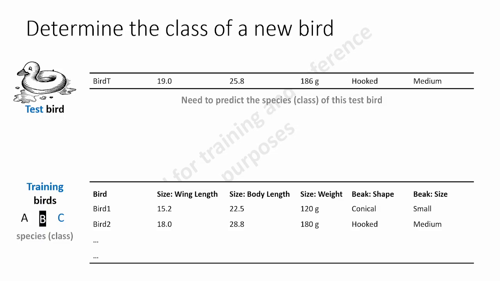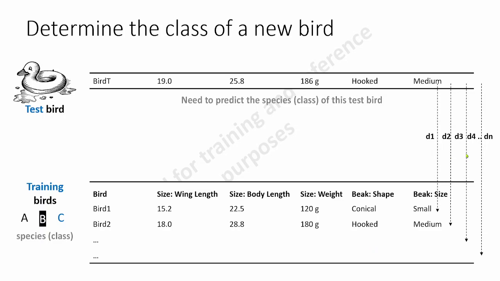What we need to do here is take the test bird and compare it against all the birds in our sample one by one. When we compare, we essentially find the distance of the test bird from sample 1, sample 2, sample 3, sample 4, and so on.